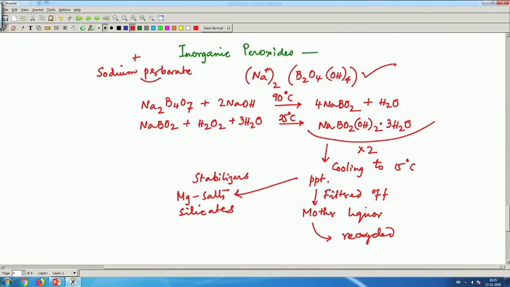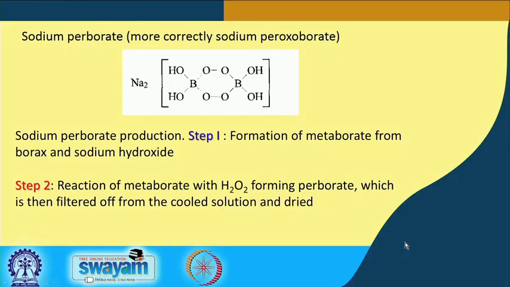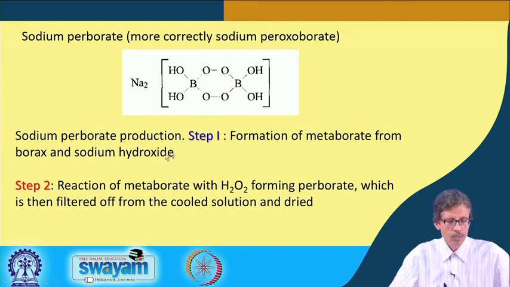This gives us some idea how we can have an inorganic peroxide, which is important to know, because sodium perborate has a useful structure with this peroxide linkage between these two boron centers, and the actual structure is like this, a very interesting structure of this compound.